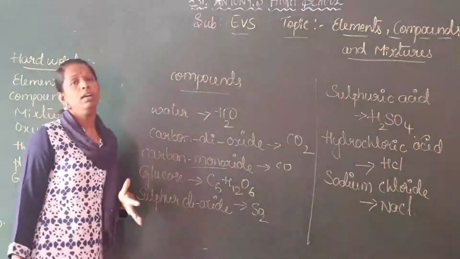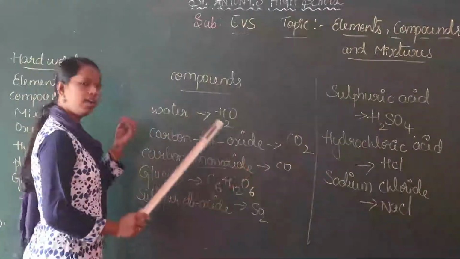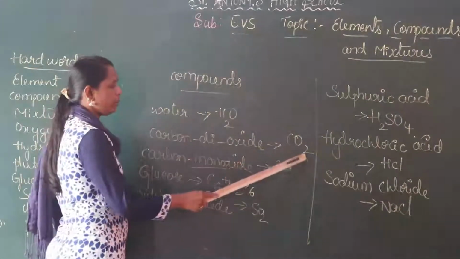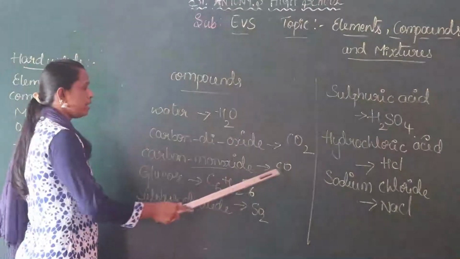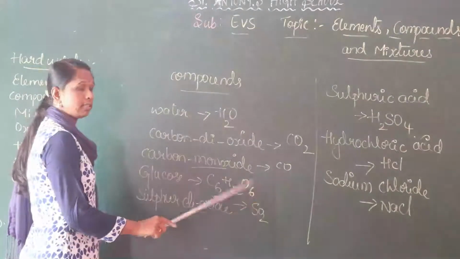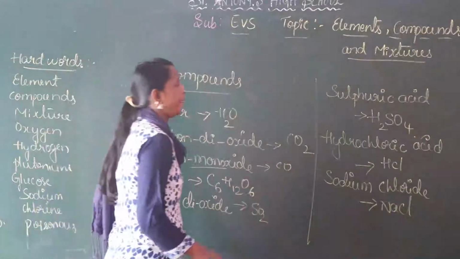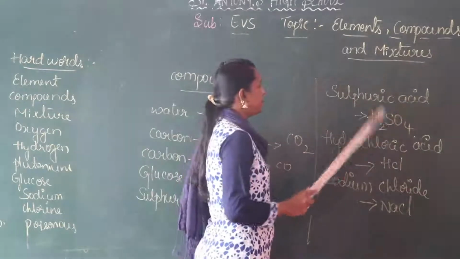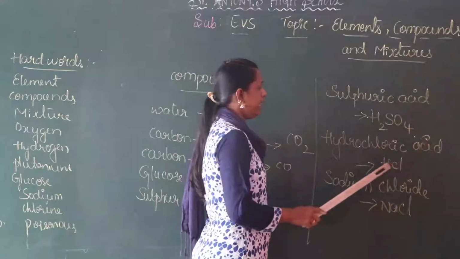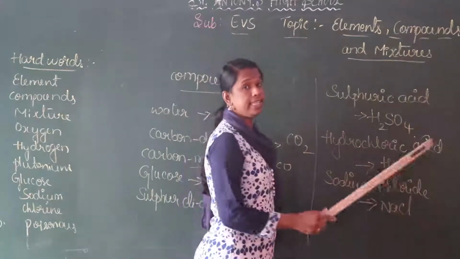So learn the molecular formulas in your book. Write them at least twice. Water H2O, carbon dioxide CO2, carbon monoxide CO, glucose C6H12O6, sulfur dioxide SO2, sulfuric acid H2SO4, hydrochloric acid HCl, sodium chloride NaCl.